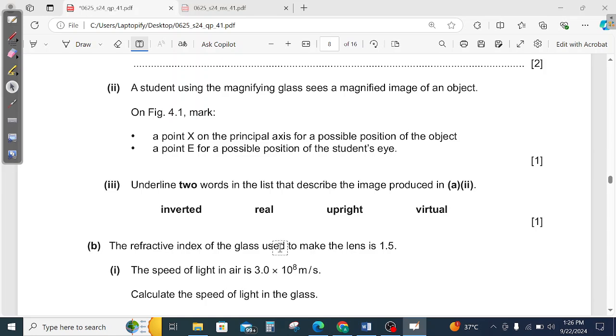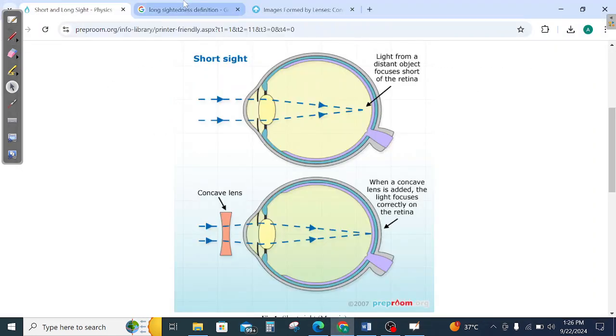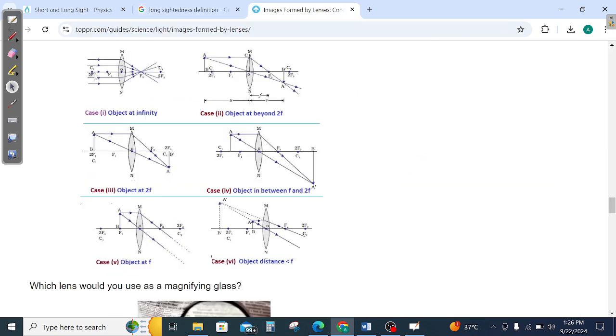So there are 6 cases you have to understand. These are the 6 cases of the image formed by the converging lens. These are related to the position of the object. When the position of the object changes, as a result the image position and image size also change.